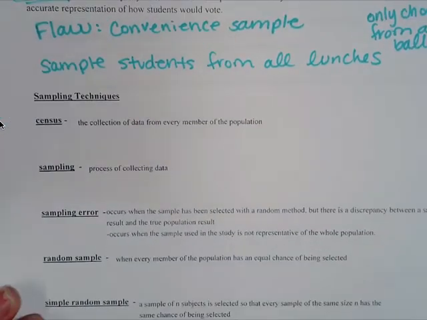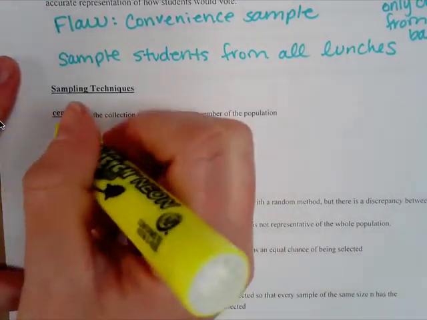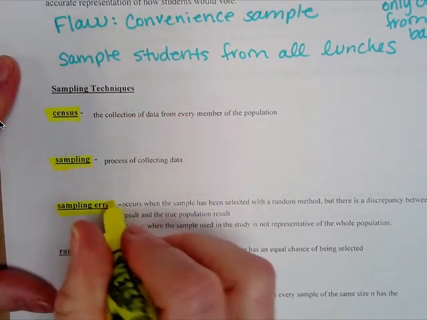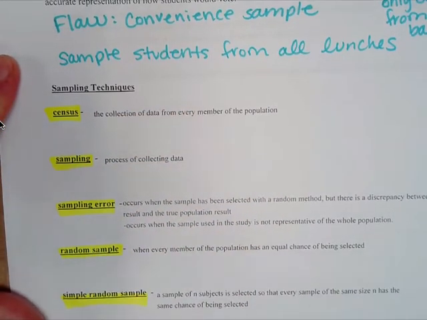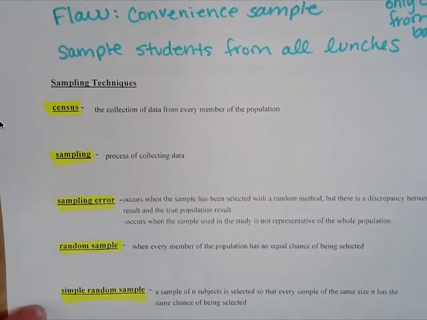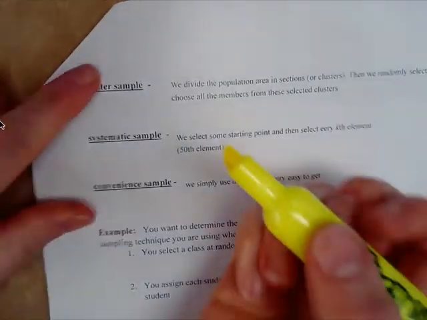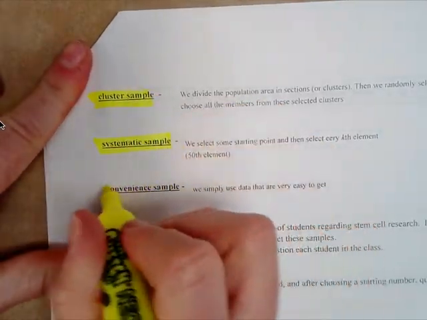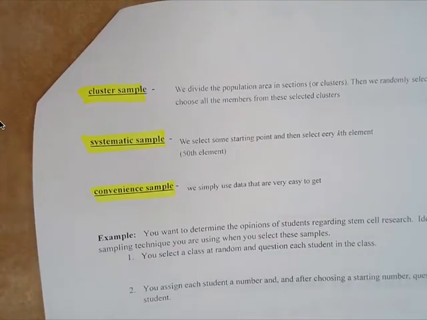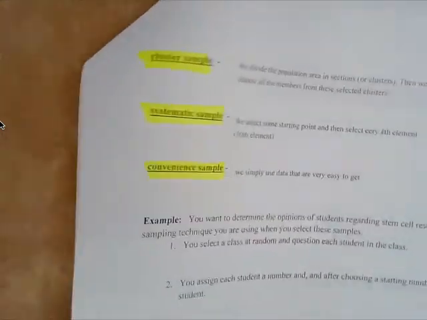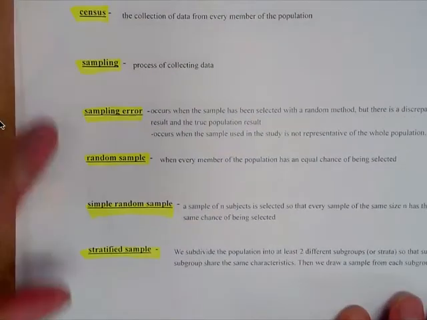Okay, we have several more words. So you need to go through and read each one of these. And we just have one more example. Were there any you wanted me to show you? Yes. Okay, which one? Other page. Random sample?